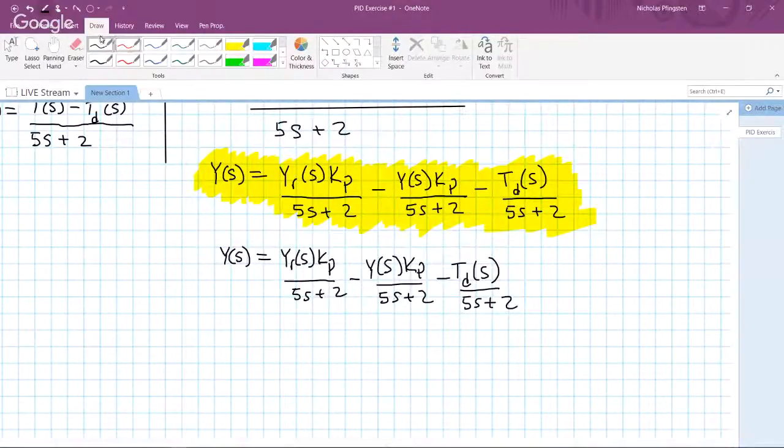Now, because we said that T sub D of S is 0, because we're not considering it in part A of the problem, when we're concerned with the steady state control error. The input and output of the system all deal with the control. So we're just going to get rid of the disturbance. Bam. We're saying it's 0.